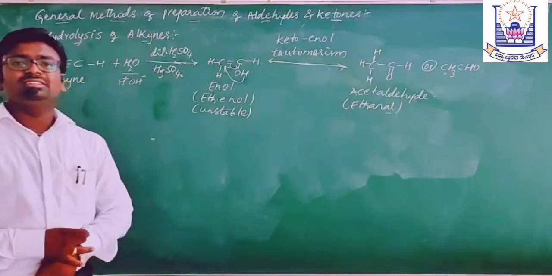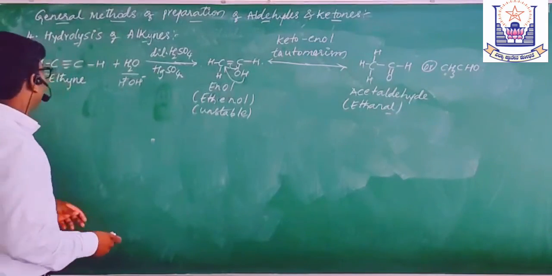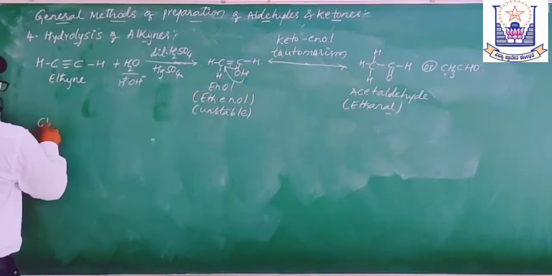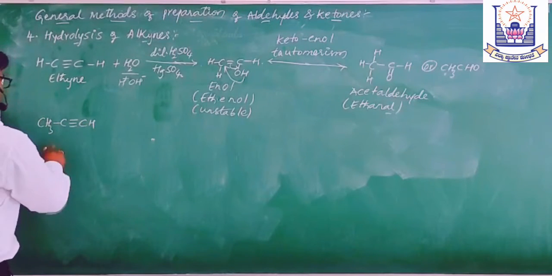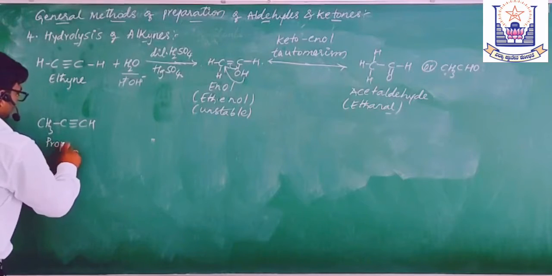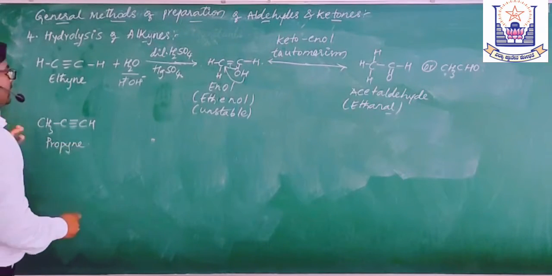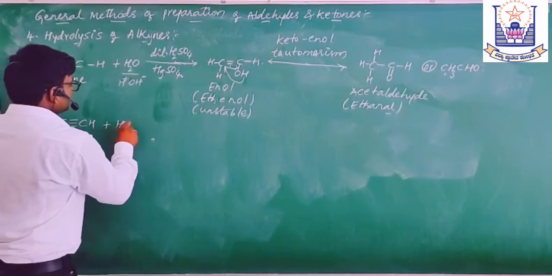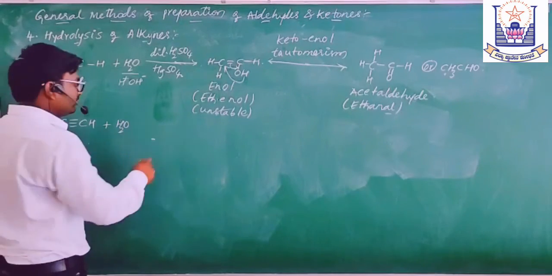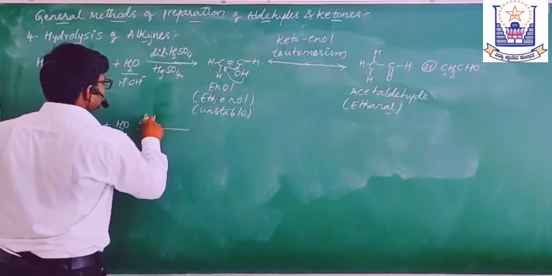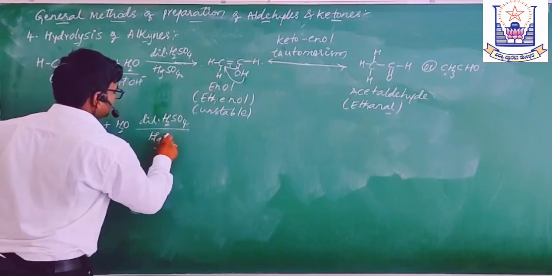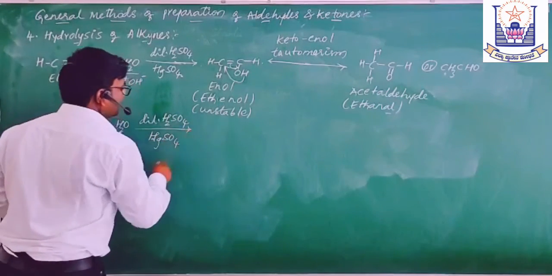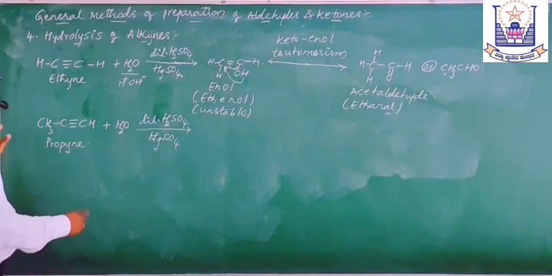Let us consider the hydrolysis of propyne. Add water to this molecule in the presence of dilute sulfuric acid and mercuric sulfate. What happens?